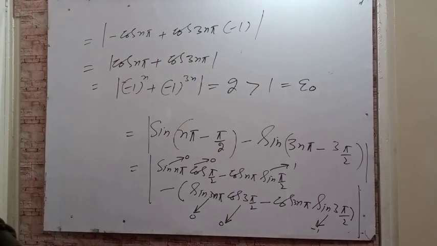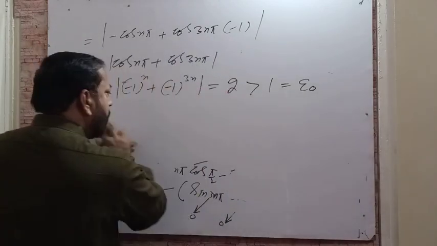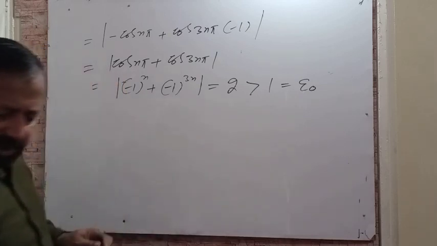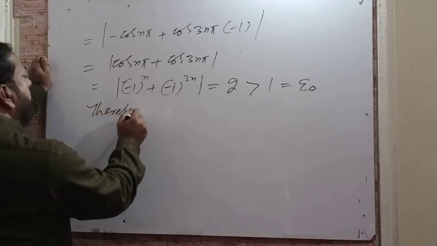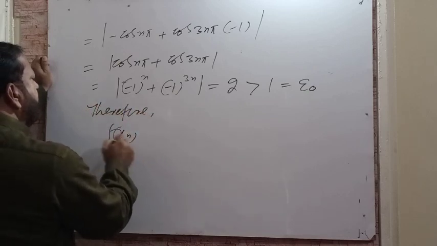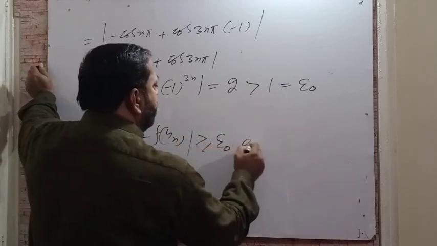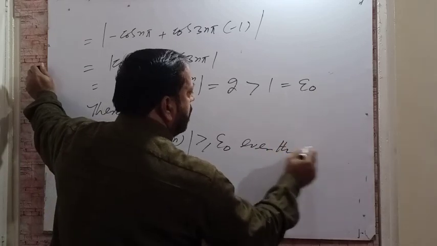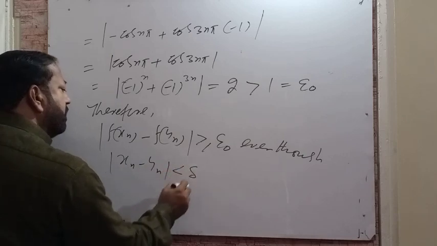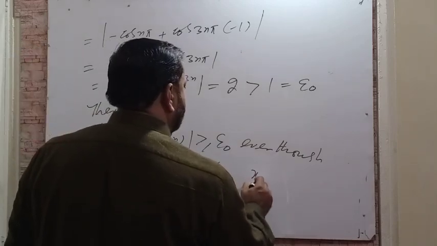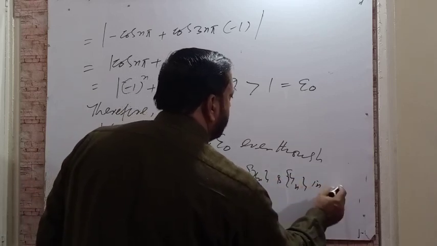Right. So we have established, what does it mean? Therefore, |f(xn) - f(yn)| is greater than or equal to epsilon naught, even though |xn - yn| is less than delta for xn and yn in (0, 1).